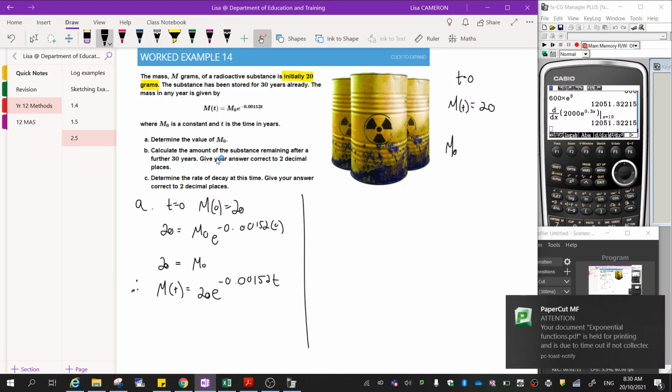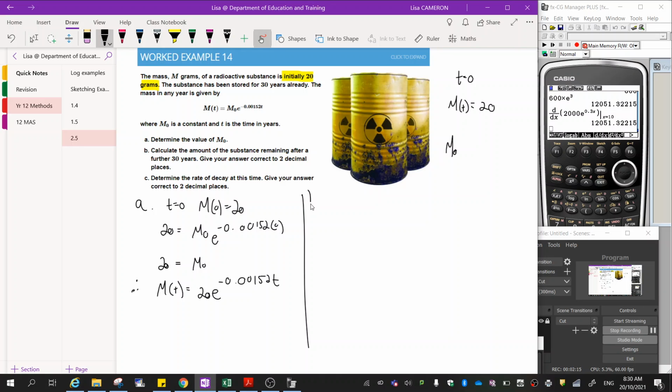So calculate the amount of substance remaining after a further 30 years. So that means that T is equal to 30. What is our mass at that point? Let's substitute that in. M of 30 is equal to 20e to the power of negative 0.00152 times 30.